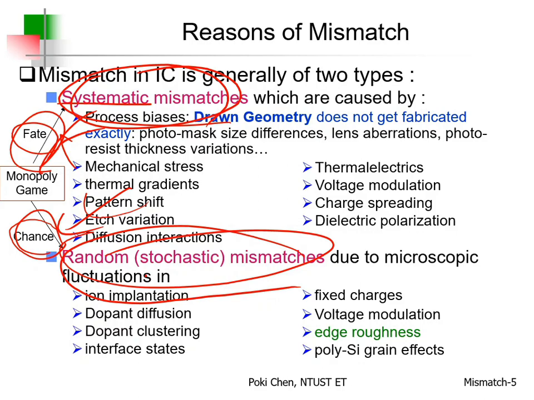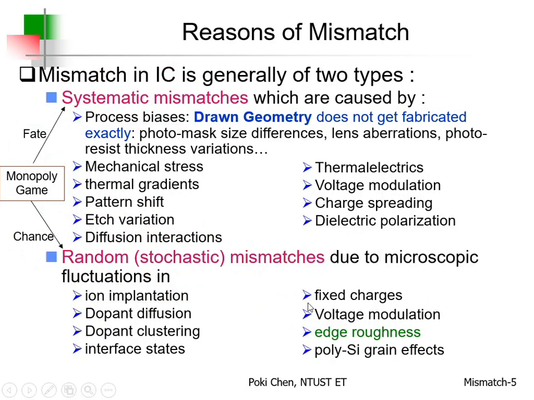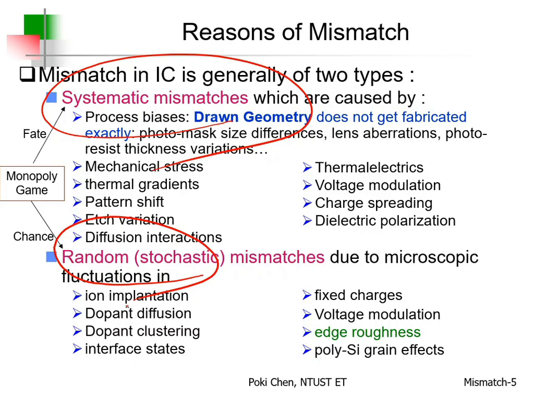All right. In this chapter, we would like to deal with this. But most of the part, all right, some of the part will deal with random mismatch. And for random mismatch, you have only one way out, only one solution. That is what? The device area. Okay?